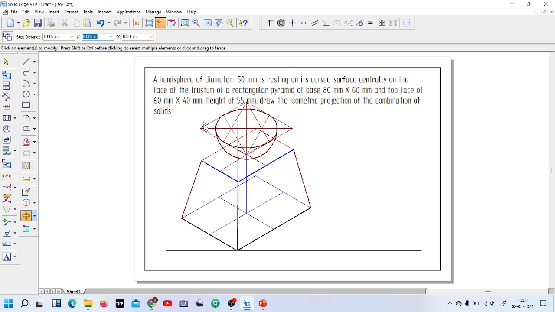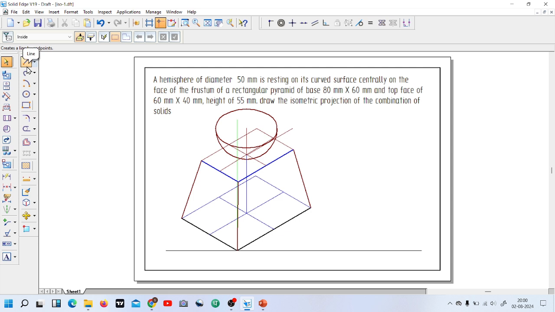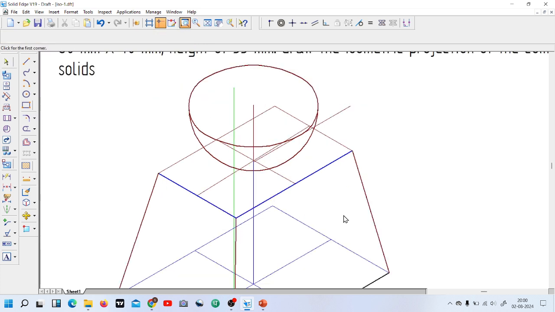Once you complete it, you can erase these construction lines. Or else you can keep those construction lines very thin and make the border lines or visible lines very thick. That is one more case. To differentiate the thicknesses, just observe. I will trim out here.